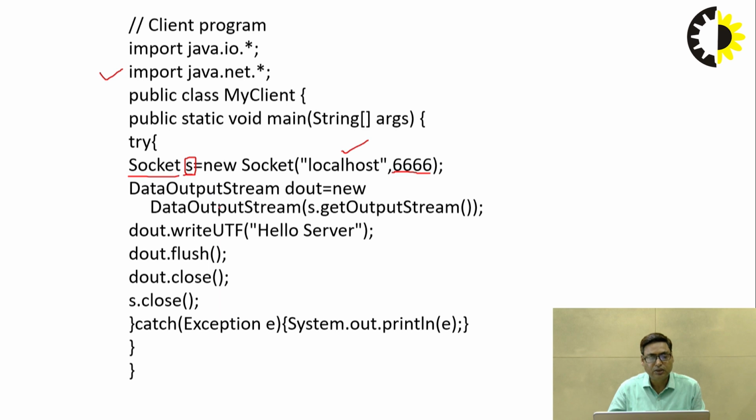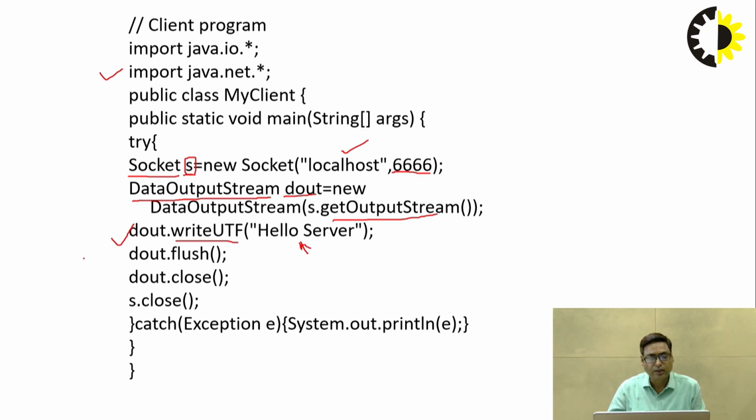Next part is we need to write something for the server. So, we have to use an output stream. So, a DataOutputStream is created, and dout is the object of the DataOutputStream. When we have created the DataOutputStream, the next job is to write something into it. So we are using dout.writeUTF and write any message you like.